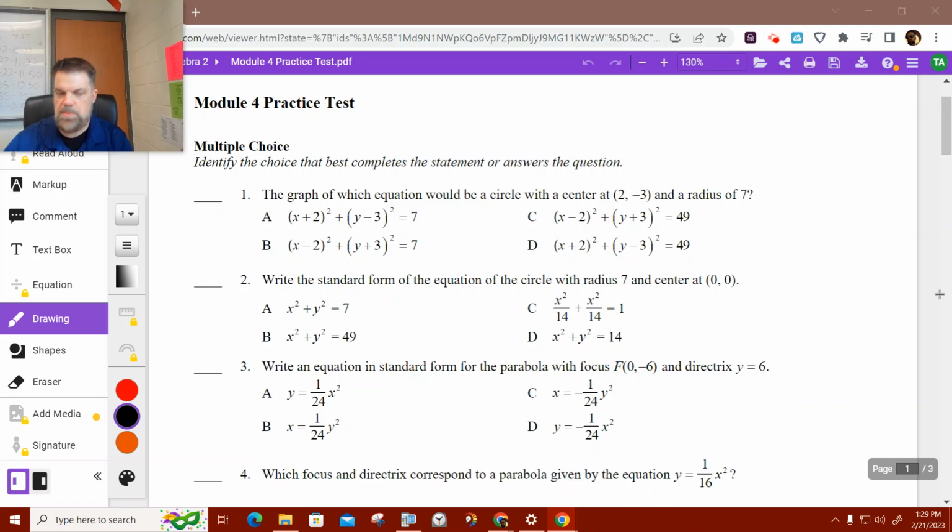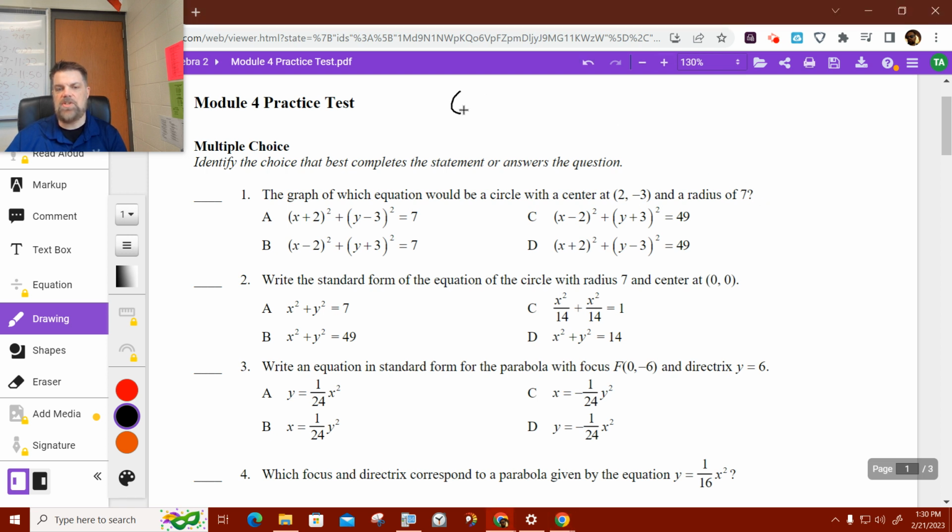Let's run through some of these problems real quick and see how things go. Remember that question number 1 says the graph of which equation will be the circle that has a center of 2 comma negative 3 with a radius of 7.